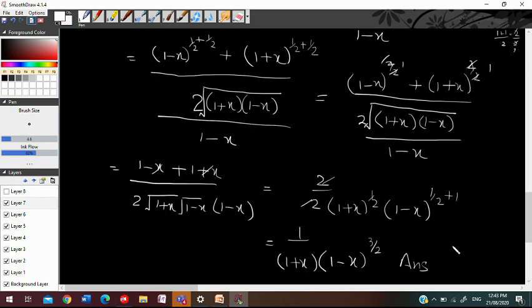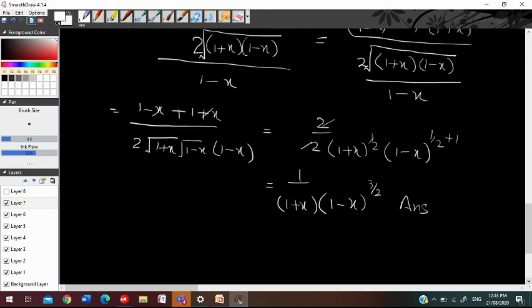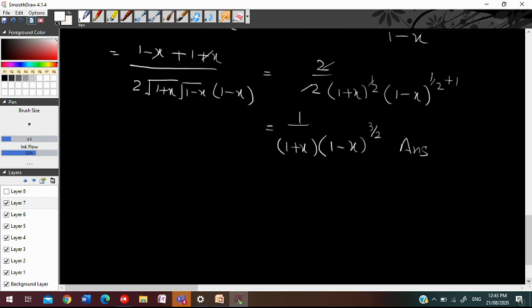And this question you can also simplify like this. I have taken this question separately. This is the second method through which you can solve this equation.